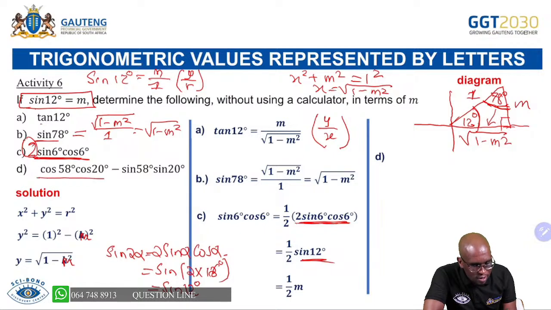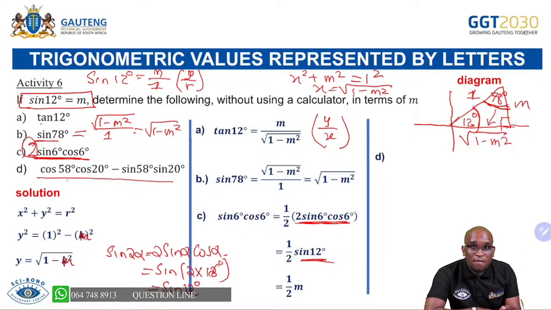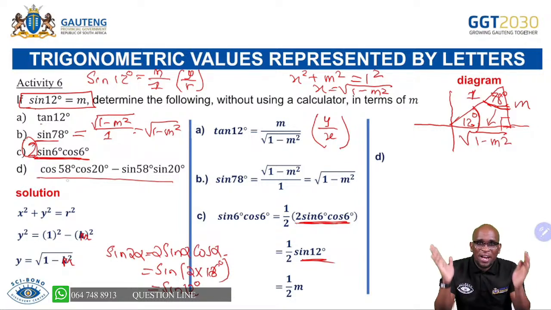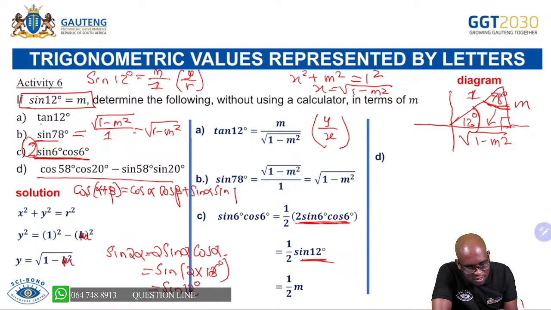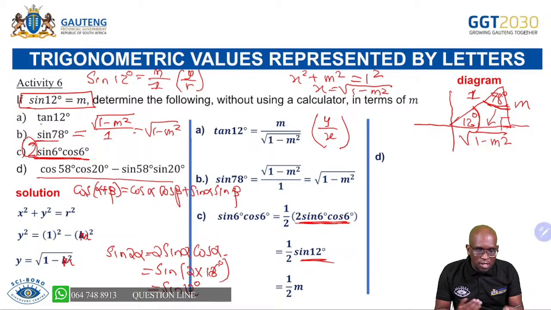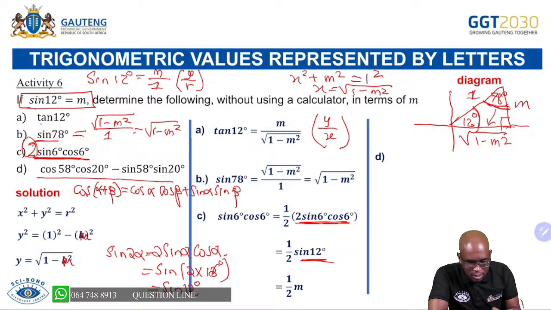Now the third one, since we have an expanded version, cos, sine, sine, this means that we need cosine of what? Cosine of alpha minus beta, which is cos alpha cos beta plus sine alpha sine beta. So it means that we need to condense that using the compound angle.